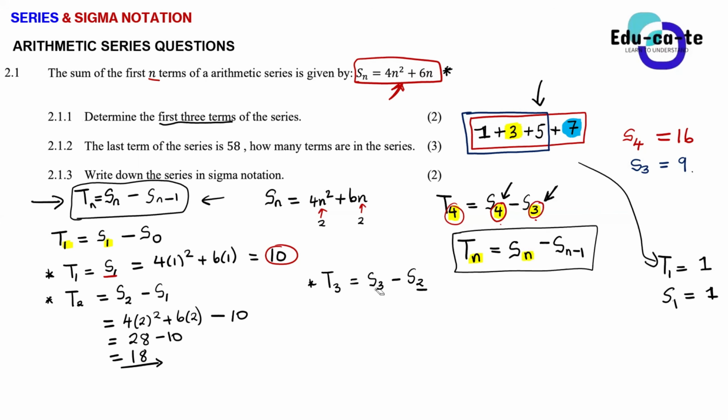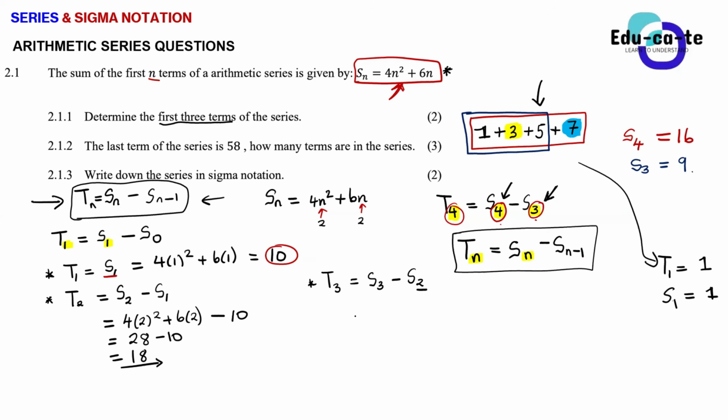Okay, so now let's just substitute our values. Wait, let me just take my pen. So to find S3, where there is n, I'm going to substitute 3.